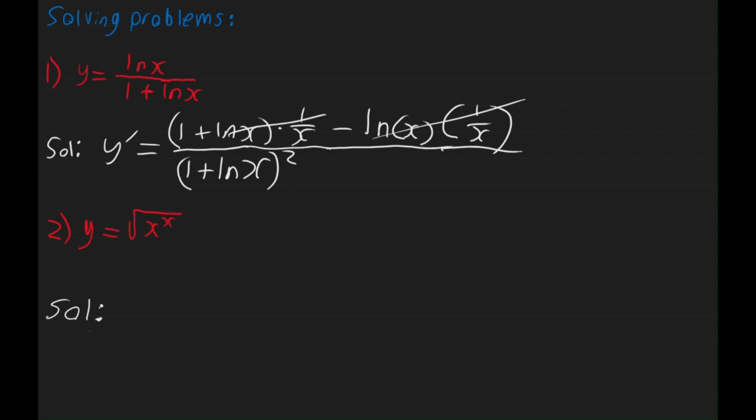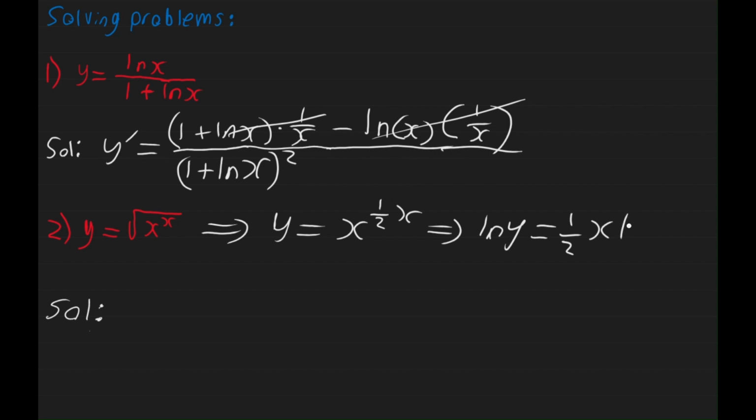The next question here is y equals root x power x. You can write it as y equal to x power half x, right? So now it's ln y equals half x ln x. And now I think it's very easy.